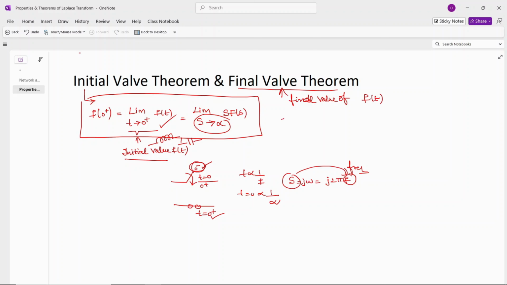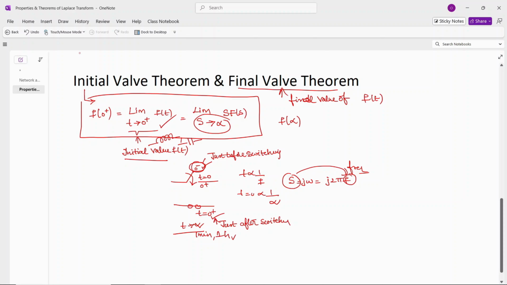So final value means the switch, t equal to 0 minus, is called just before switching, and t equal to 0 plus is called just after switching. But after switching, the switch has been closed and it is in the on condition for a time of t equal to infinity. That infinity may be 1 minute or 2 minutes or 1 hour.